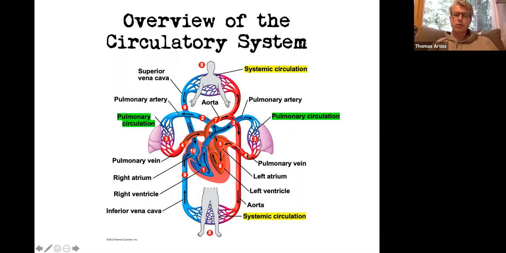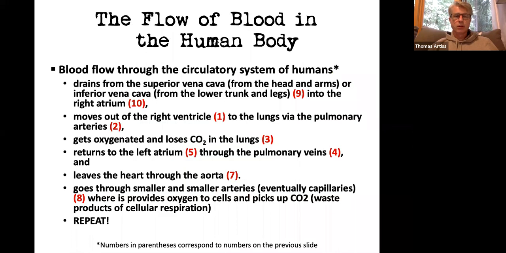The blood returns through pulmonary veins back into the left atrium, from the left atrium to the left ventricle, from the left ventricle out through the aorta, and then from the aorta, our systemic circulation is comprised of the blood vessels that feed the upper part of the body and the lower part of the body, and then blood again continues back, now that it's deoxygenated, through veins that collect into the inferior and superior vena cava and dump back into the right atrium. The whole process starts all over again. And there it is in text form.